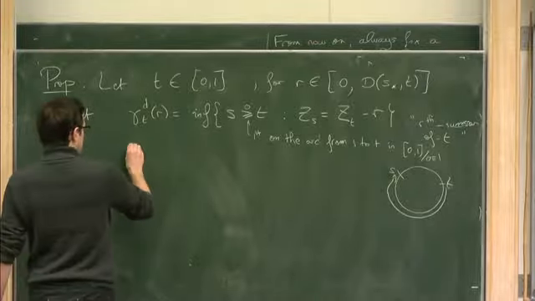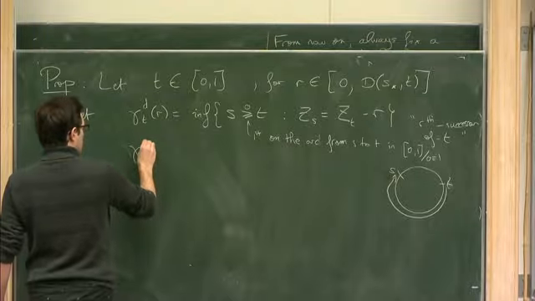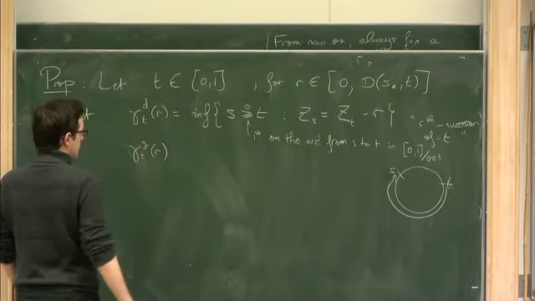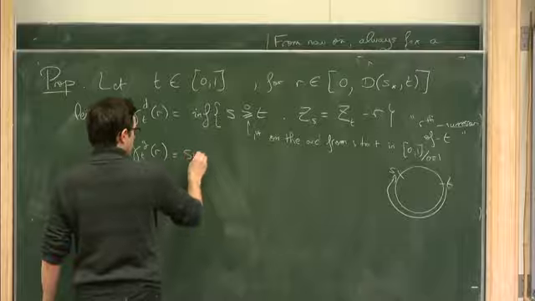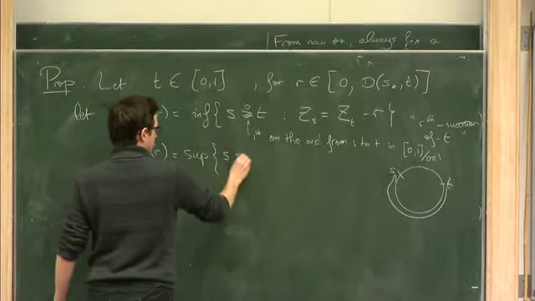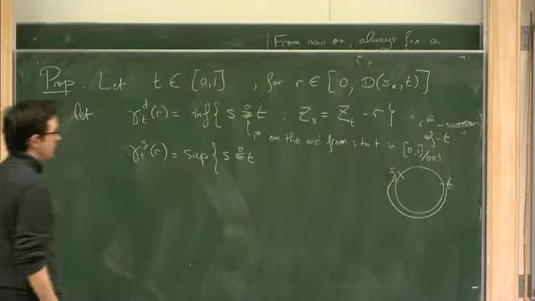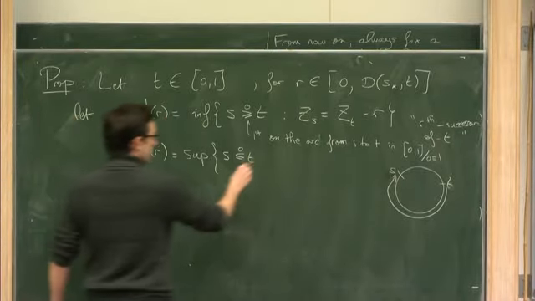And similarly, I want to call gamma T G of R the supremum S less than T in this cyclic order at which we achieve this value.